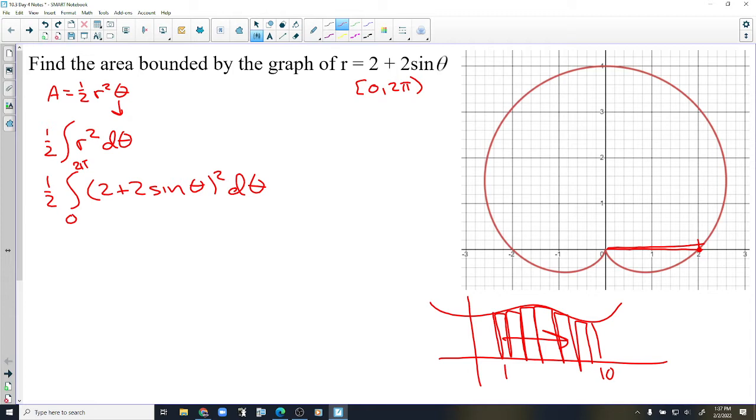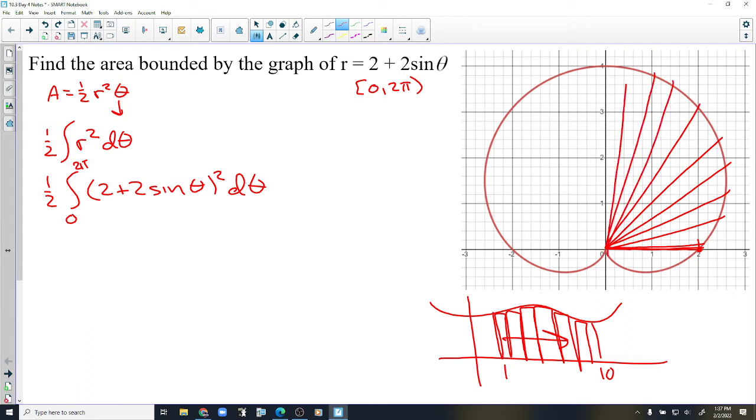This one, we're not going across it like this. We're actually going in a circle. We're going around the circle from the pole. We find these tiny little angles, and we're treating each as a sector of a circle, and we're coming all the way around, finding area.